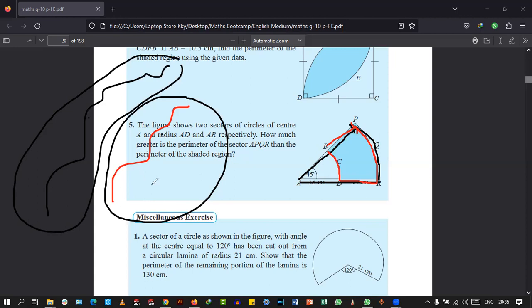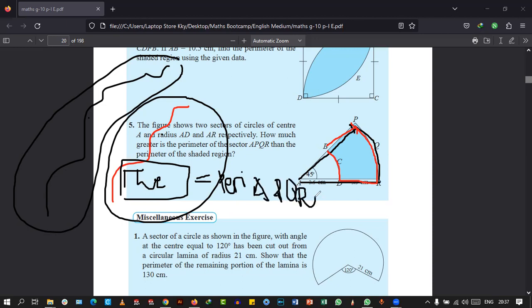As an example, it is asking how much greater is the perimeter. You can write it: the perimeter of the sector APQR greater than the perimeter of the shaded region is equal to the perimeter of APQR minus ADCB. Is it what they have asked?